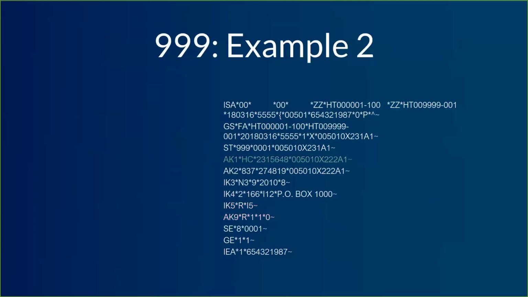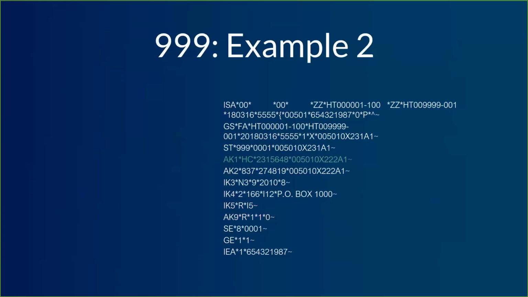And if we look at the AK102 position, we see that there is a batch number. And that batch number will tell us which batch was rejected. This one doesn't have a CTX segment, so we know that this one is not a claim level rejection. This was a true batch rejection, and we can expect that batch 2315648 is going to have to be resubmitted.